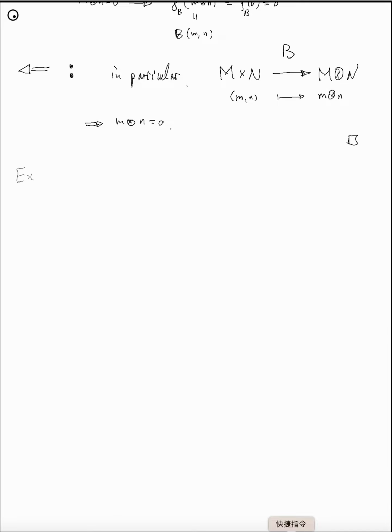But some exercise is that our intuition is that M tensor N equals 0 implies M equals 0 or N equals 0. Firstly, show that M tensor N equals 0 when M equals 0 or N equals 0.